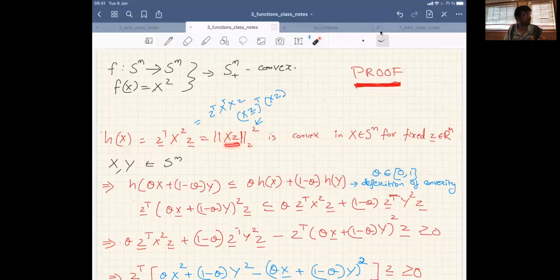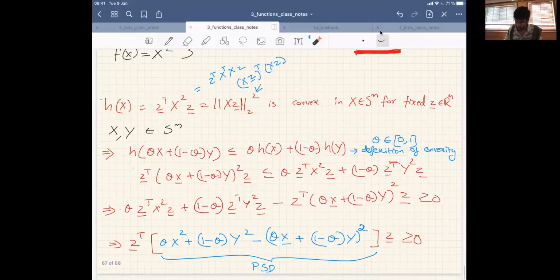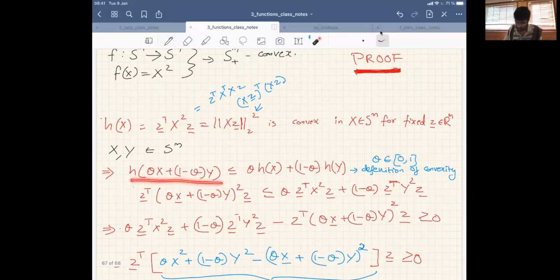So it's an affine function in X, or a linear function more specifically. You are taking the norm of that. A linear function is convex and you are taking the norm of that, so the overall function will be convex. So this is convex. Since it is convex, we can write this definition.